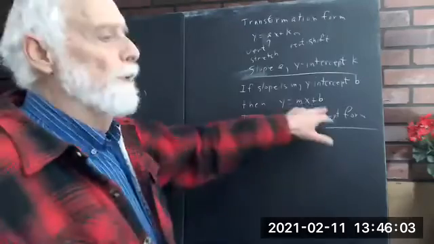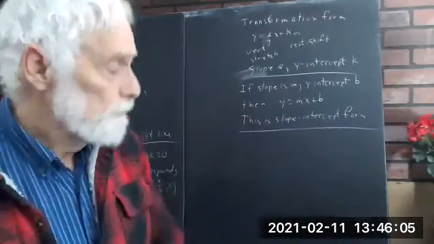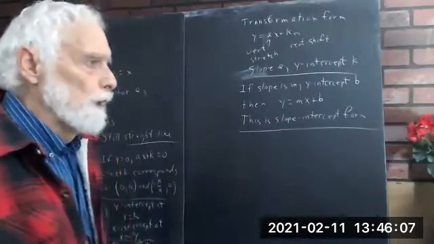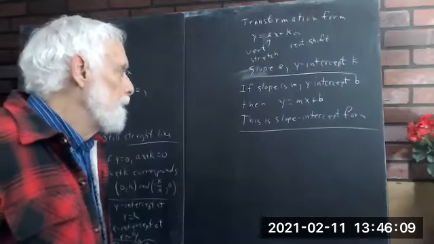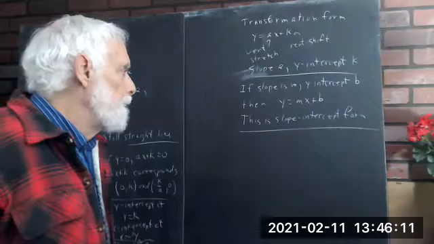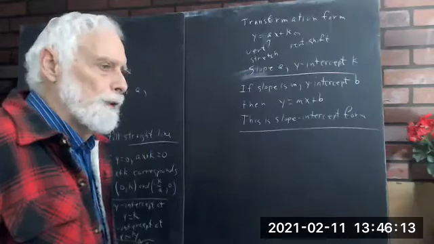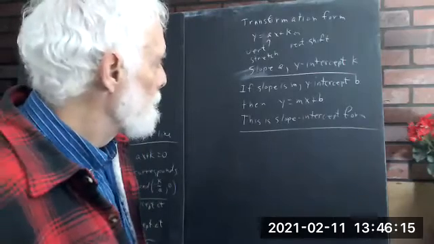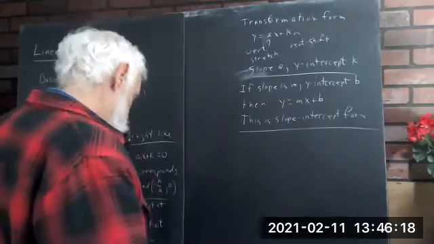Okay, now I assume that you're familiar with the slope-intercept form of the equation of a straight line. So you can get the equation of a straight line if you calculate its slope and know its y-intercept.